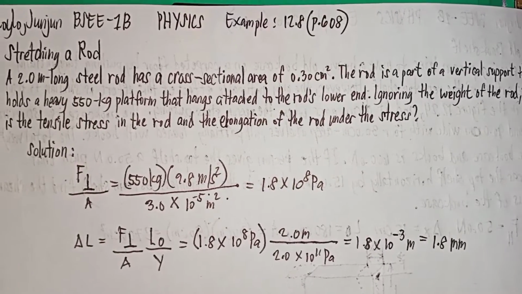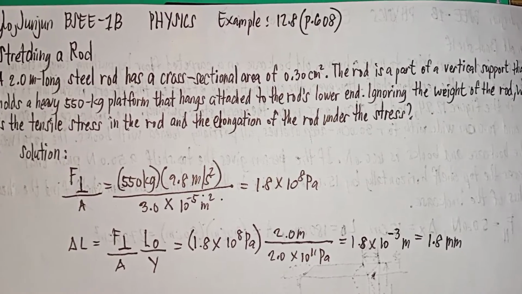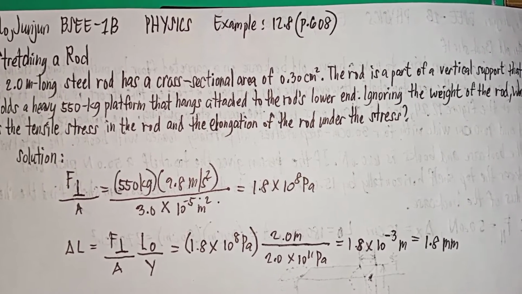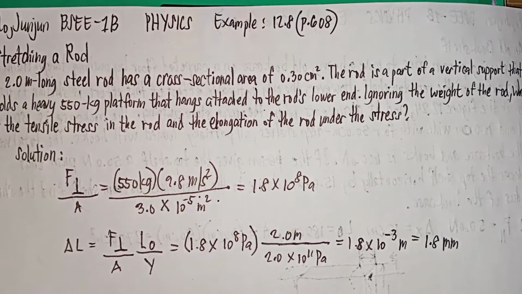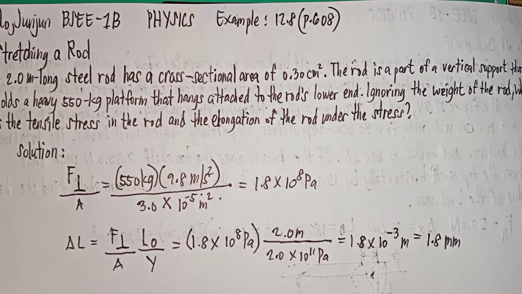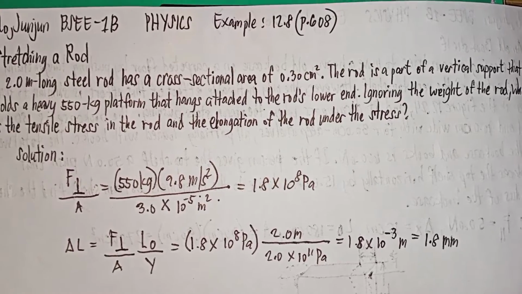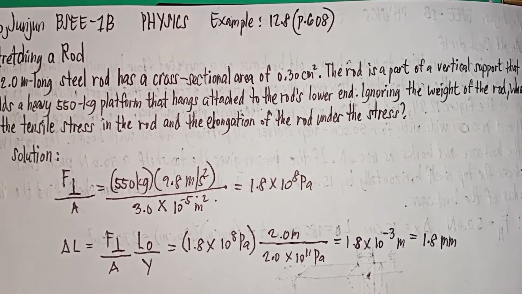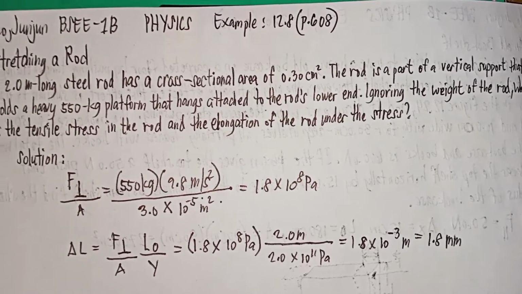So the tensile stress sa kini nga example is not uniform along the length of the rod. However, kung ang weight sa rod is taken into consideration, ang stress sa rod kay largest sa top o smallest sa bottom of the rod kung asa naka-attach ang equipment.